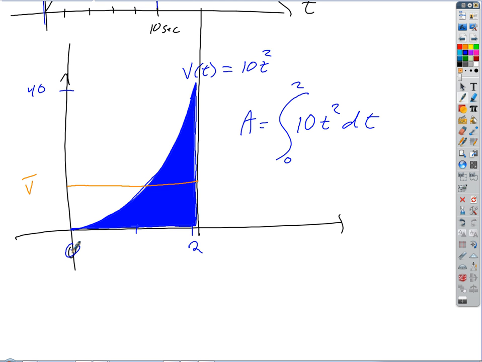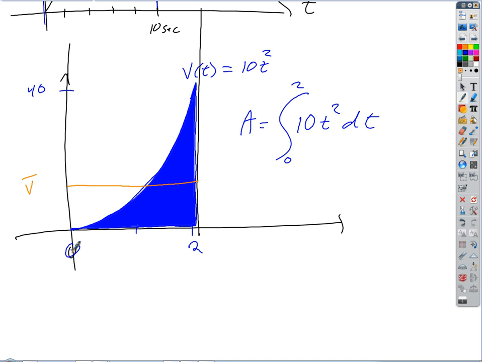So everybody got this now, right? This is defining for us the area under this curve from this t value to that t value. Well, that's not a hard integral. We can do this. I can take the 10 out front, right? What's the antiderivative of t squared? 10 over 3 t cubed.